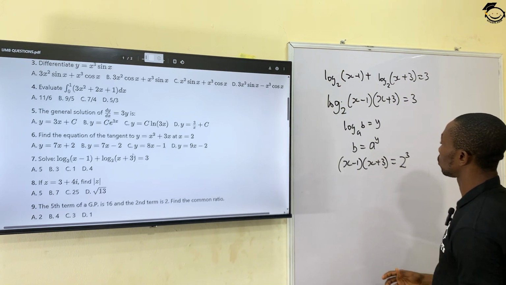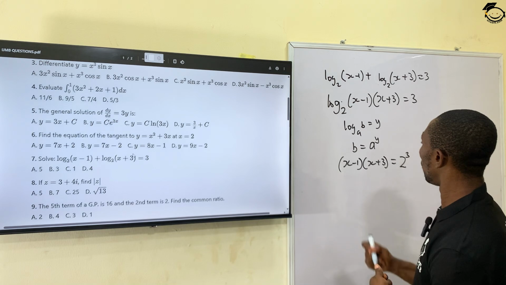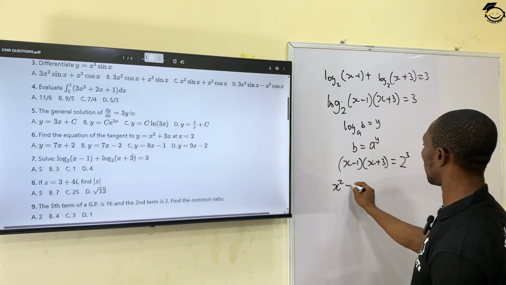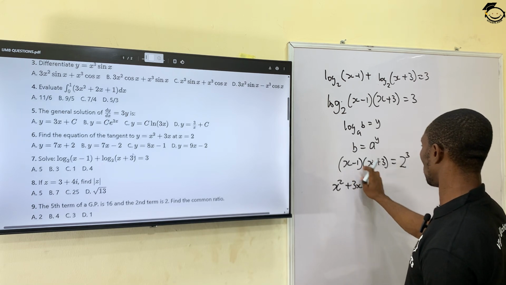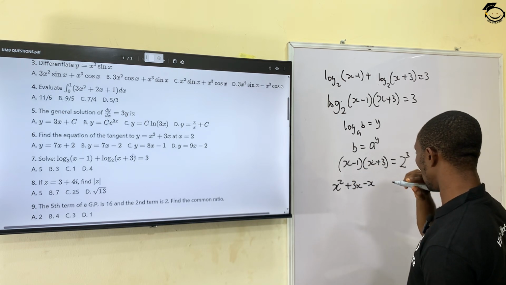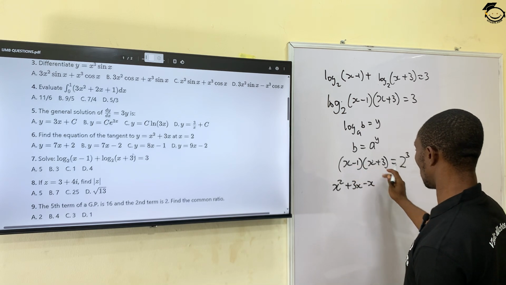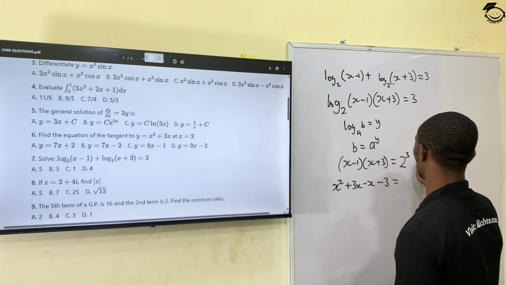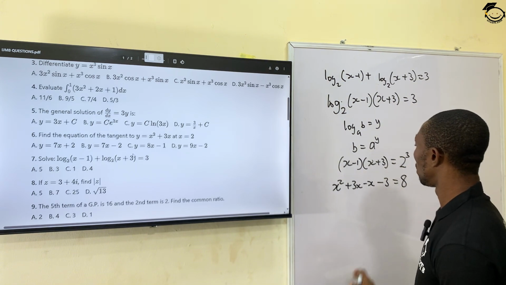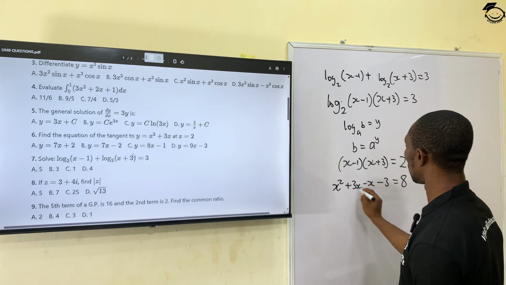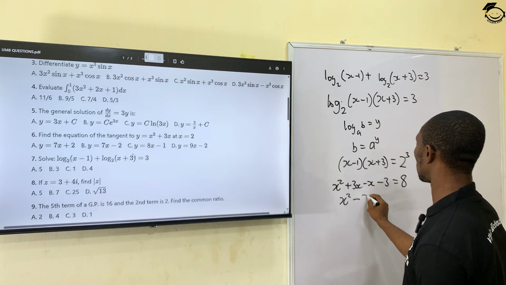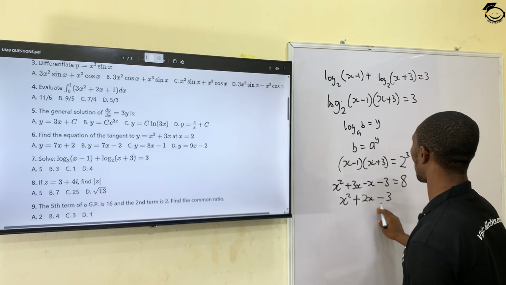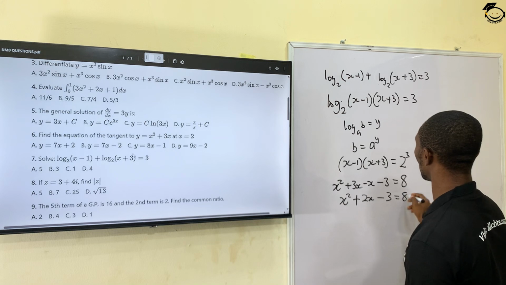Now expanding this, we have x times x, x squared, x times 3 plus 3x, minus 1 times x minus x, minus 1 times 3 minus 3, equals 2 raised to the power 3, which will give us 8. Now collecting our like terms, we have x squared plus 2x minus 3 equals 8.